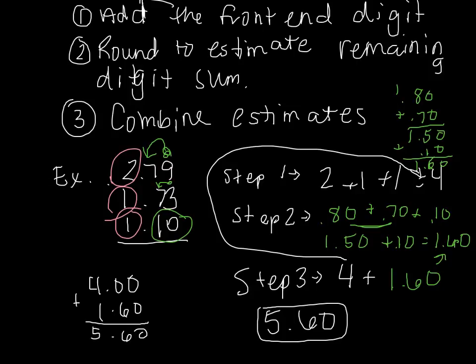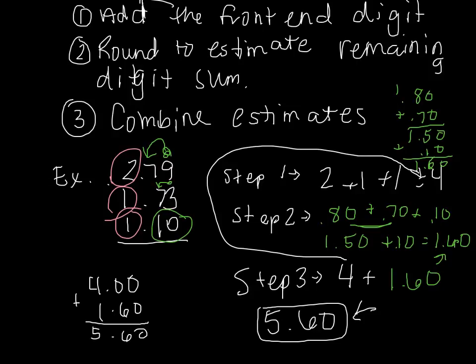Because if I would have done that, I would have done 3 plus 2 plus 1, so I would have gotten the answer of 6. So this is much more accurate than the regular old round estimation.